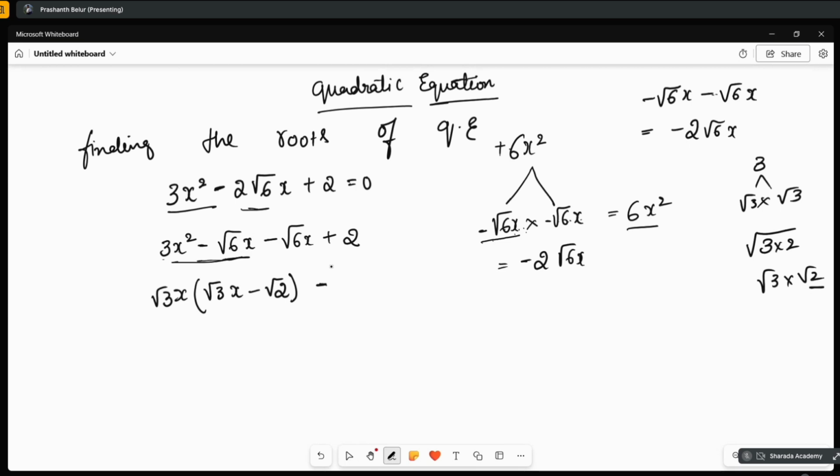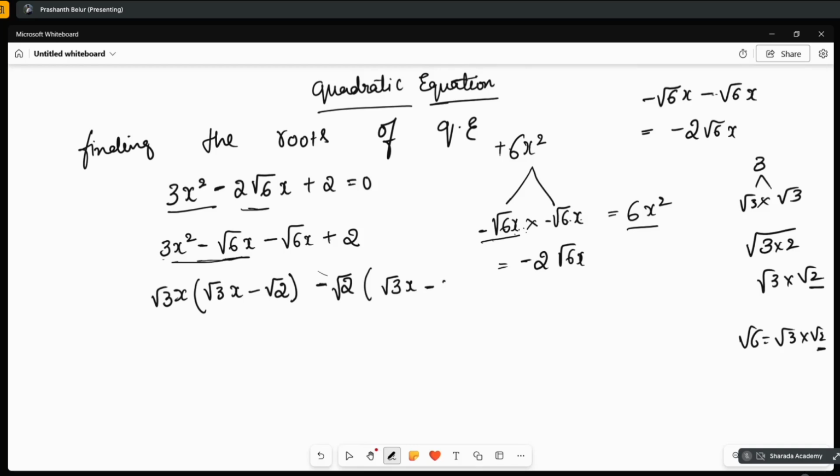Here minus again. If I take root 2 common, root 6 I can write as root 3 into root 2, so what remains is root 3x. Here I have taken minus outside, so it is minus into minus, plus.